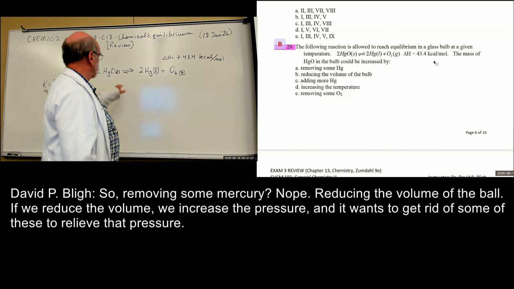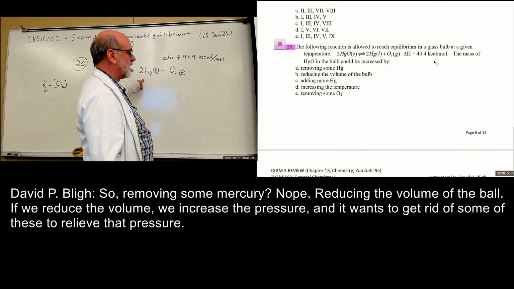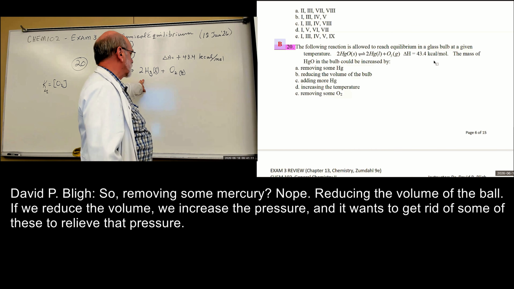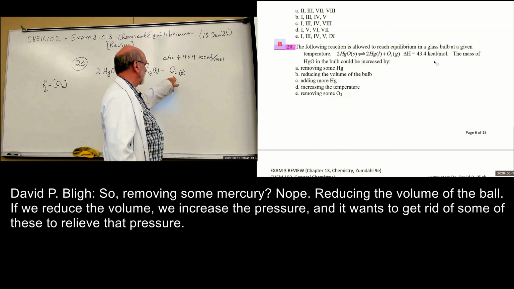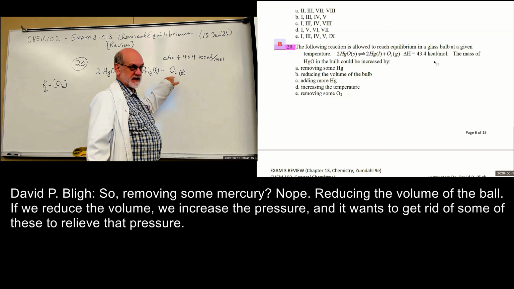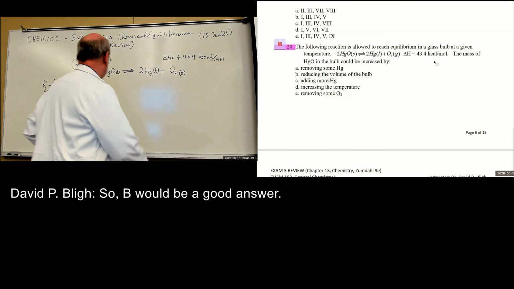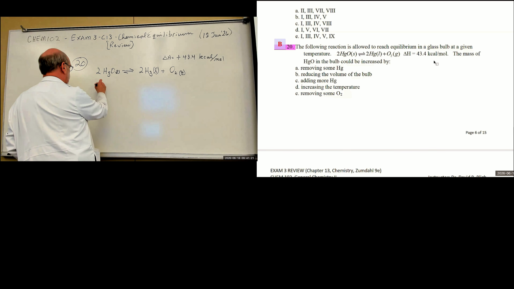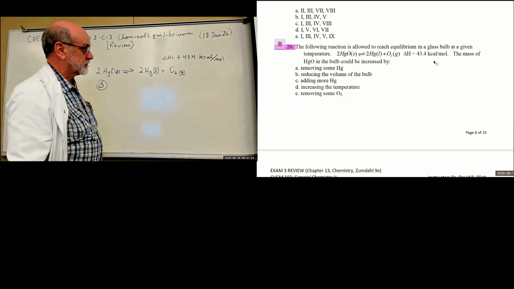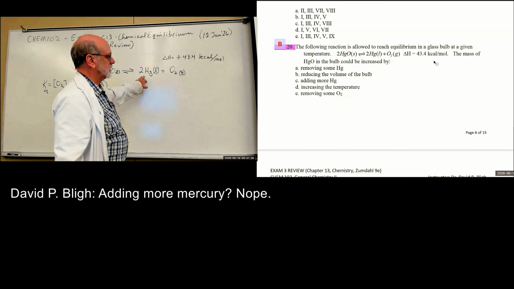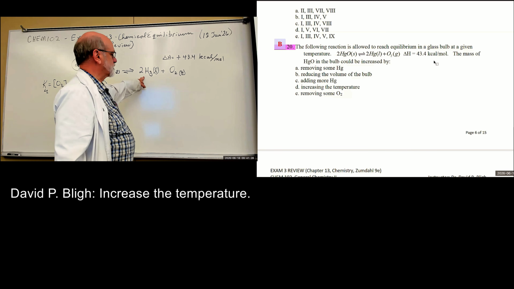So removing some mercury, nope. Reducing the volume of the bulb. If we reduce the volume, we increase the pressure, and it wants to get rid of some of these to relieve that pressure. So B would be a good answer. Adding more mercury, nope. Increase the temperature.